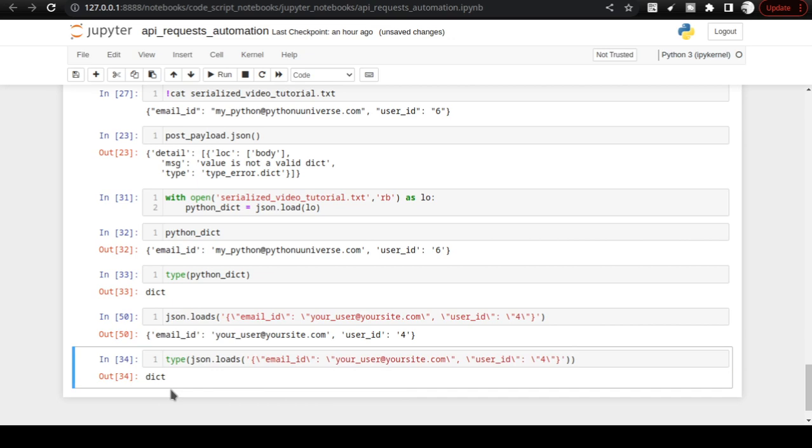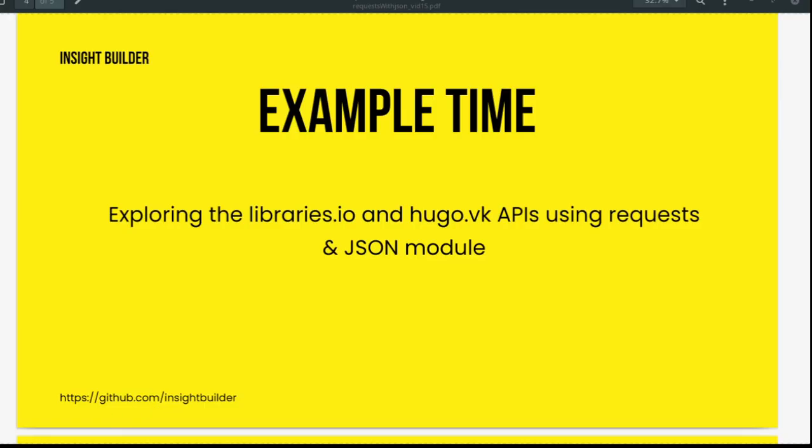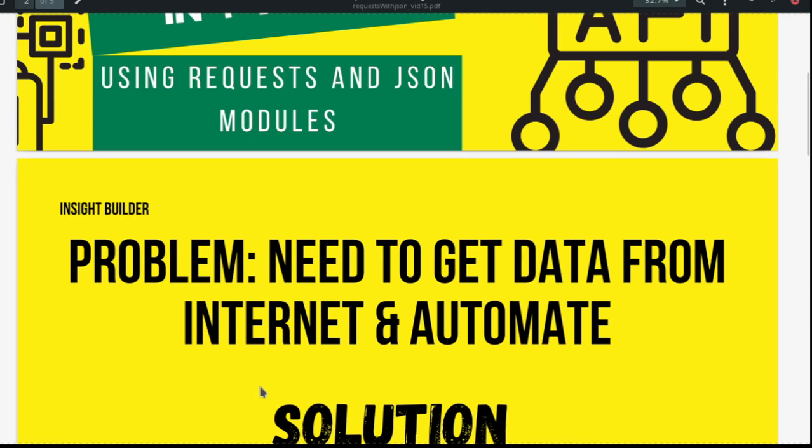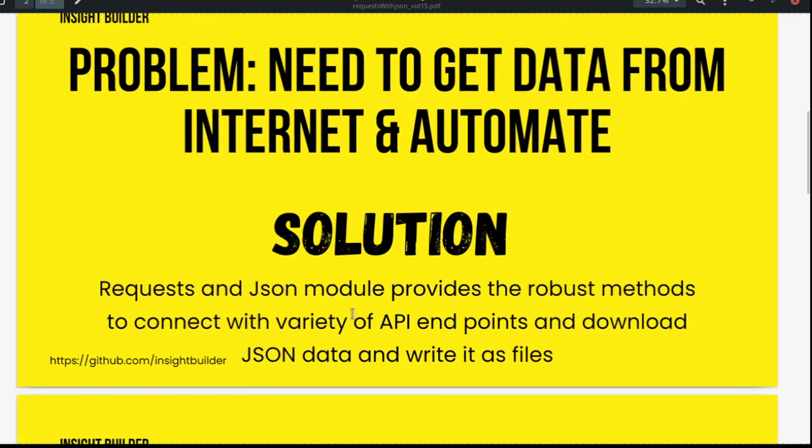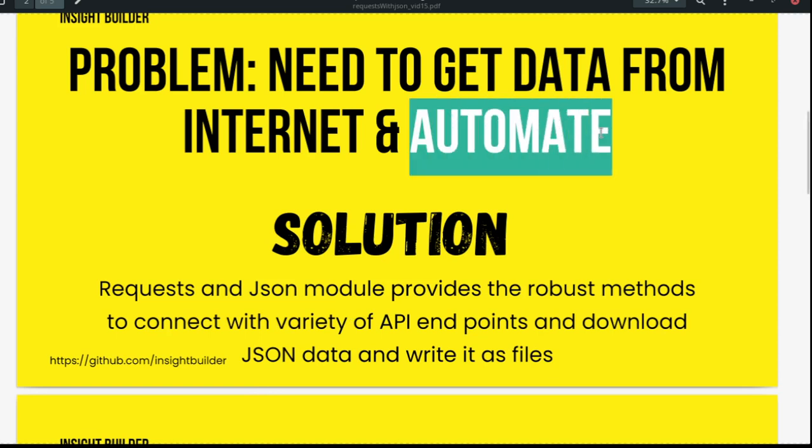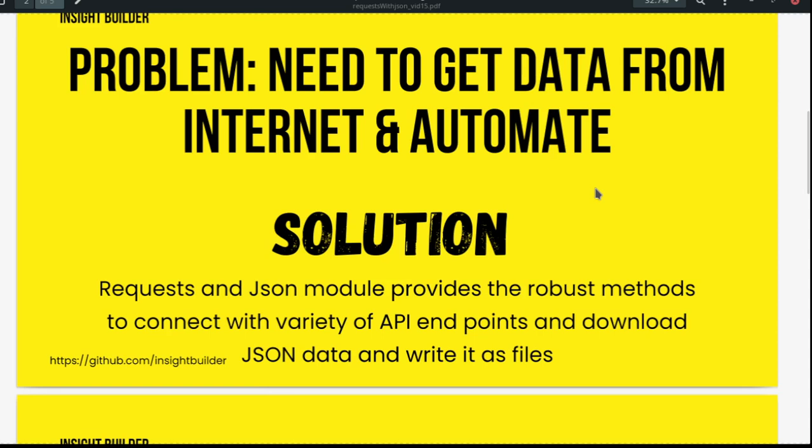So let us go back to our presentation, and we are almost half an hour in. We have seen the problem, and you might be wondering, okay, how are we going to automate it? Automation actually occurs when you attach whatever you have learned till now by using requests and JSON module, right?